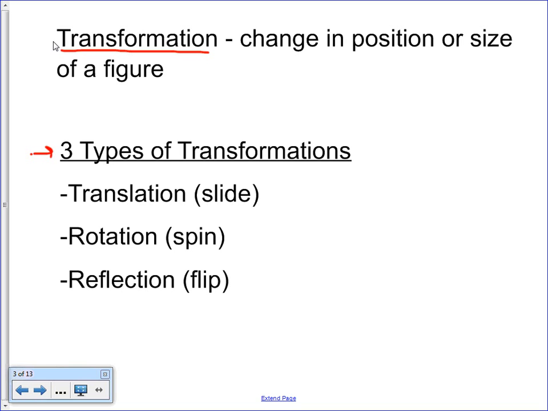One of them is called a translation, and you can think of it as a slide. From the original y equals x graph, what that does is it goes up and down. So you could see a graph shifting upwards or a graph shifting downwards. That is a translation. The second one is a rotation.